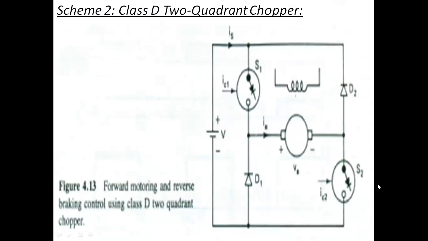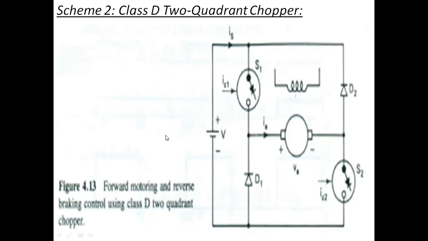IC1 and IC2 are the control signals given to the switches to turn them on. IS is the source current, VA is the armature voltage, and IA is the armature current. So these are the parameters. Now see the operation.